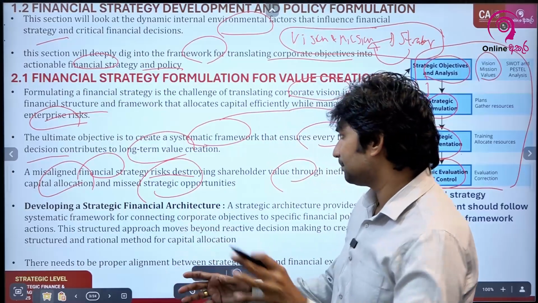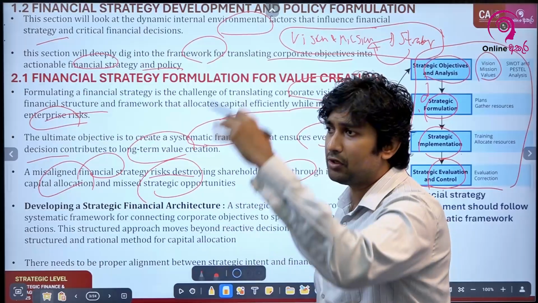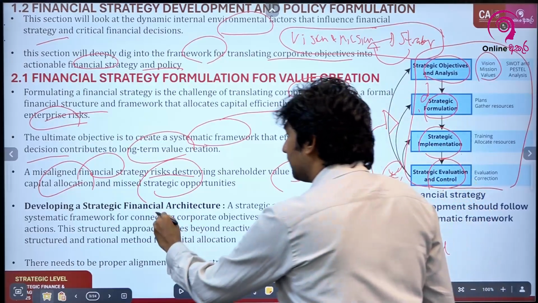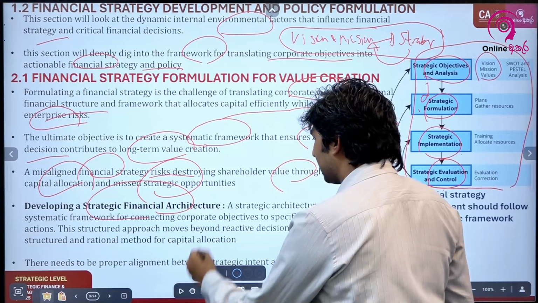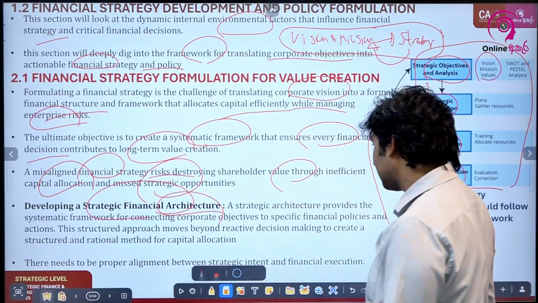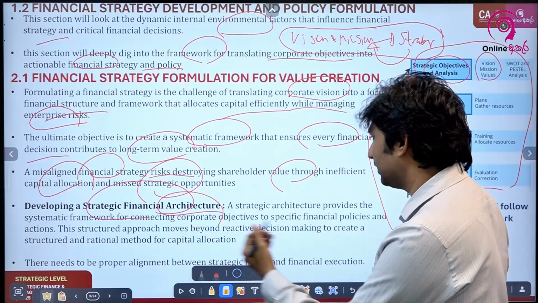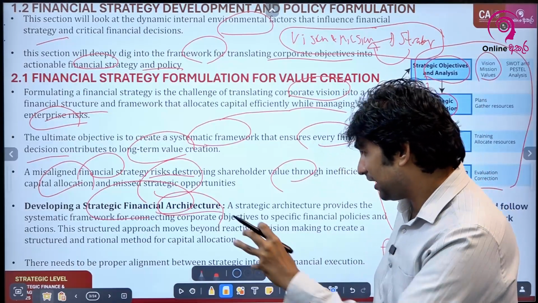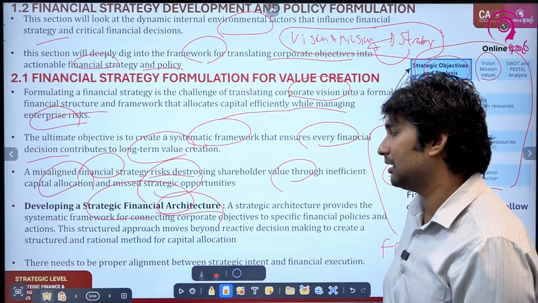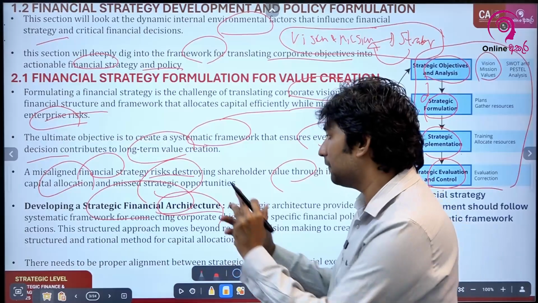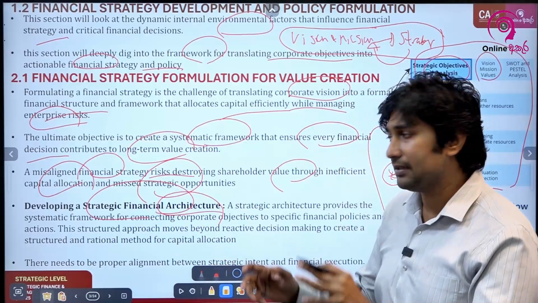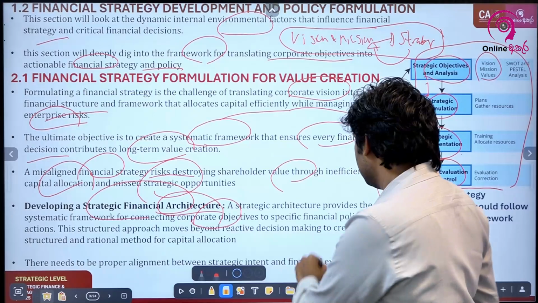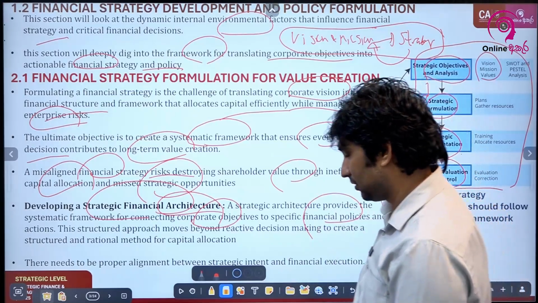So always remember, your financial strategy and your vision and mission should always go hand in hand. This is where we talk about the importance of developing a strategic financial architecture. Even though this word sounds a bit complicated, don't get carried away by it. A strategic financial architecture, in simple terms, is all about having a systematic framework, a proper logical system that flows down from your corporate objectives to specific financial policies and actions.